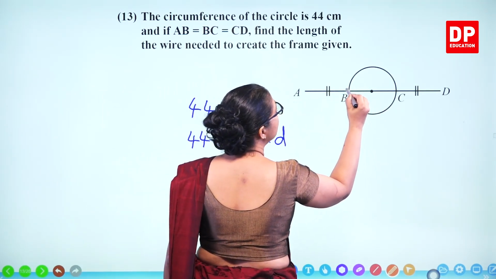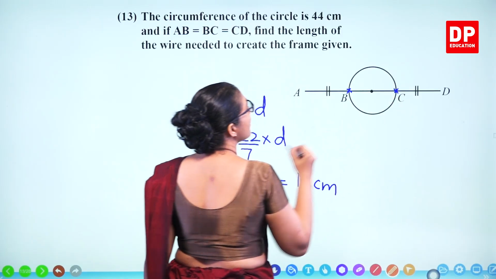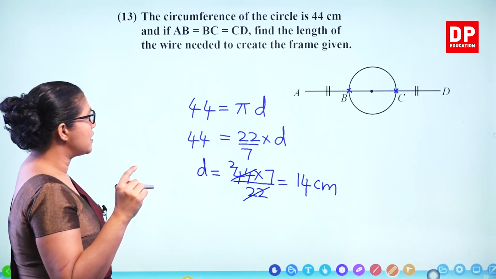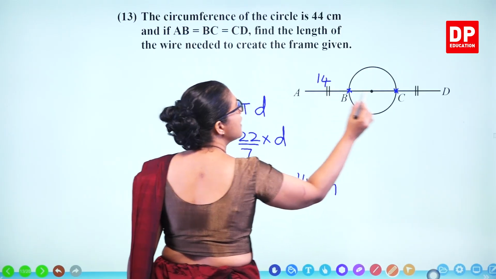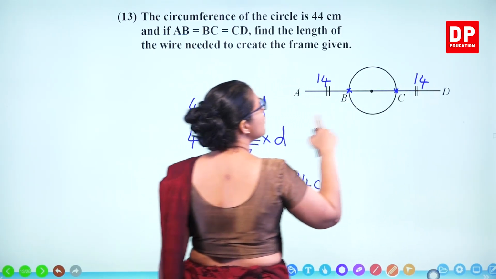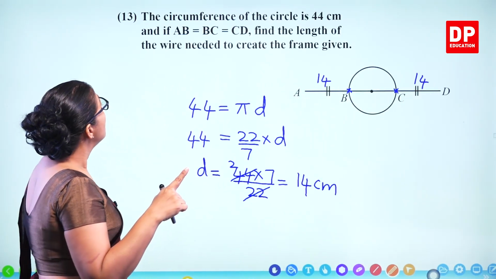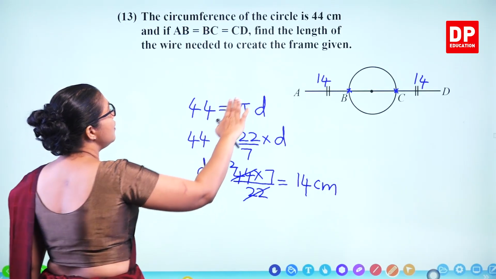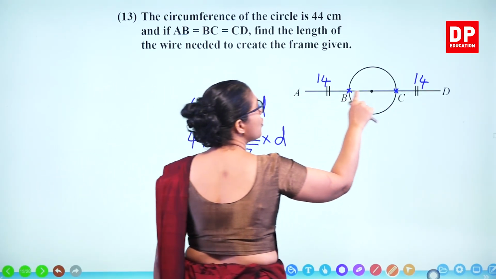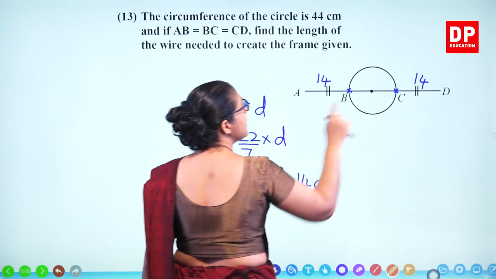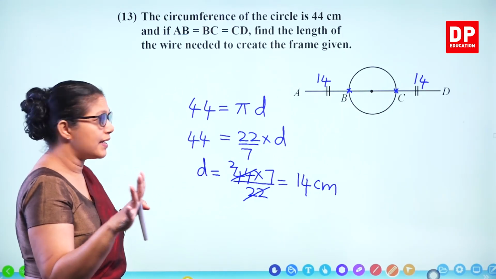Here to here, BC is 14. So we know AB is also 14, same length. This is also 14. So what's the perimeter? You need the perimeter of this figure as well as, not only the perimeter, you need this length as well. So you have to create the whole thing.